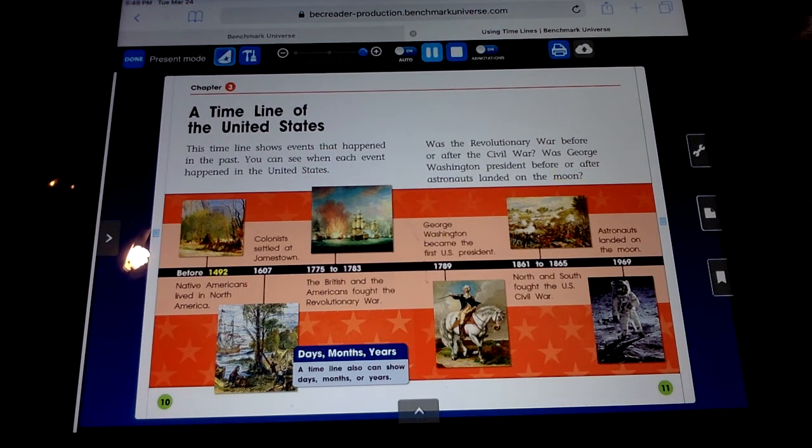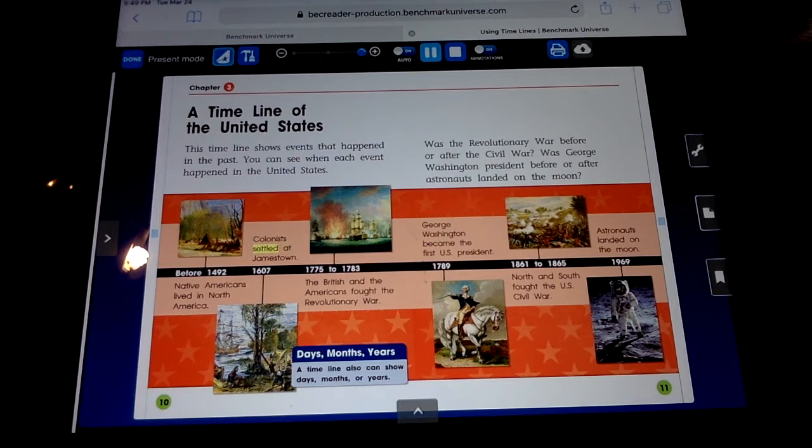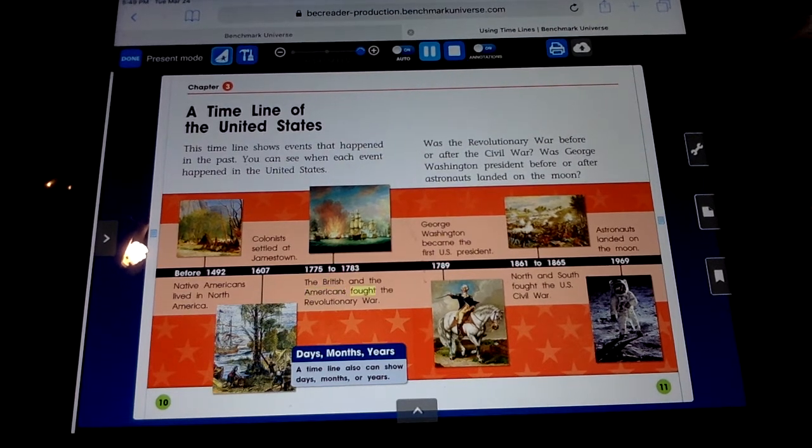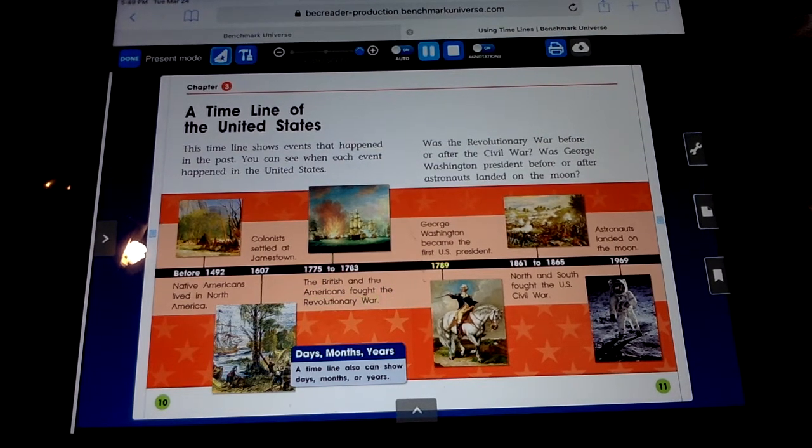Before 1492, Native Americans lived in North America. 1607, colonists settled at Jamestown. 1775 to 1783, the British and the Americans fought the Revolutionary War. 1789, George Washington became the first U.S. president. 1861 to 1865, North and South fought the U.S. Civil War. 1969, astronauts landed on the moon.